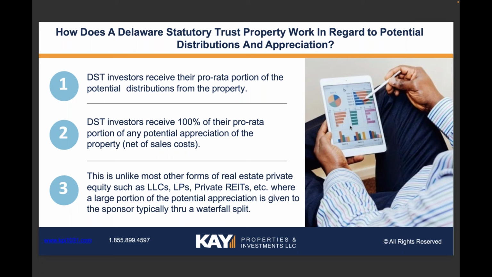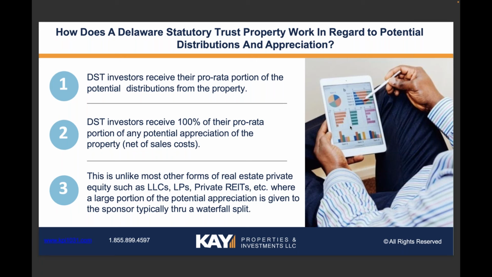So number one, DST investors receive their pro rata portion of the potential distributions from the property. So if you were to purchase 1% of the Delaware Statutory Trust, you would get 1% of the potential pro rata distributions from the property. If you purchase 10% of the DST, you get 10% of the potential distributions. Okay, so it's a pro rata basis depending on your ownership level and amount.